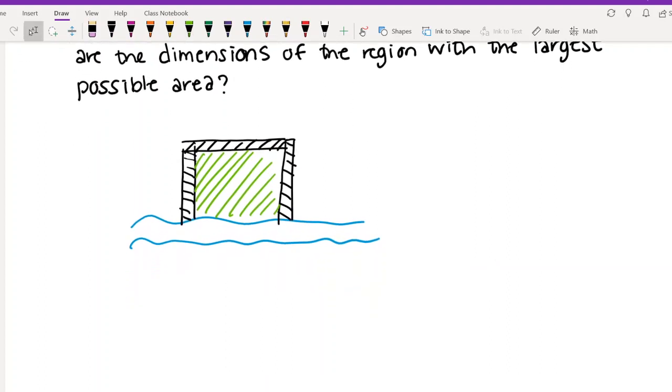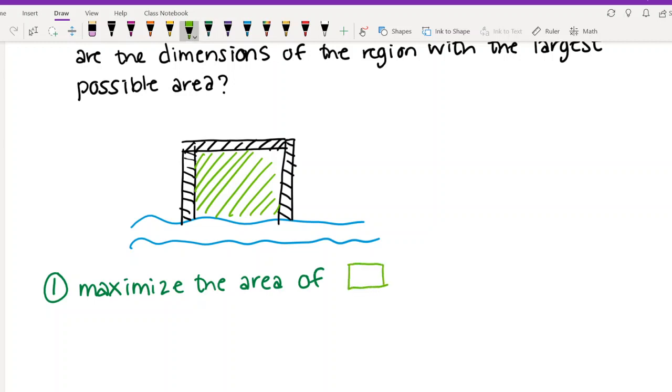So let's write that down as our first step in this question. The first step is that we're trying to maximize the area of that green rectangle. Our next step is going to be to write down a function that represents that area.